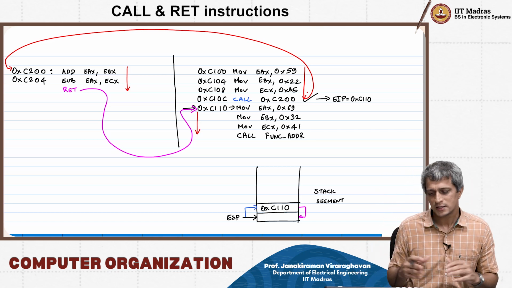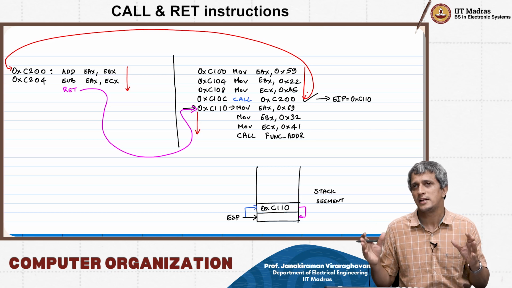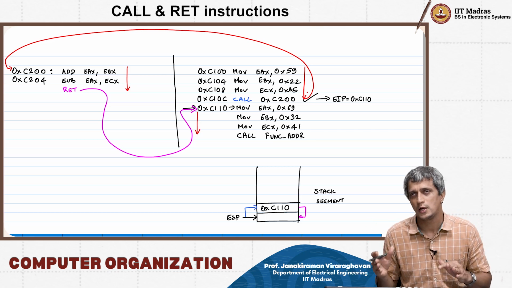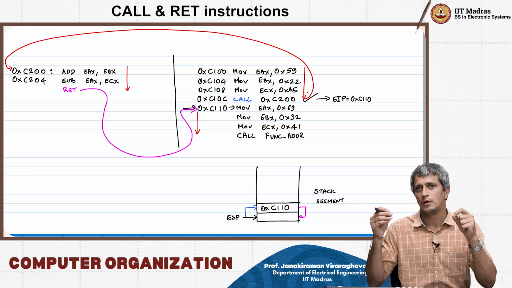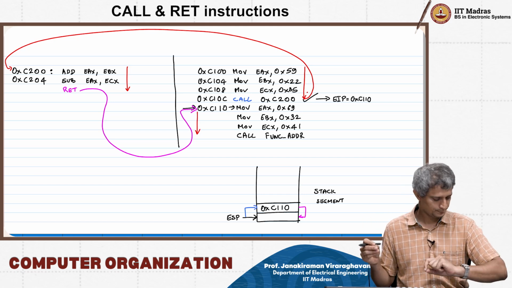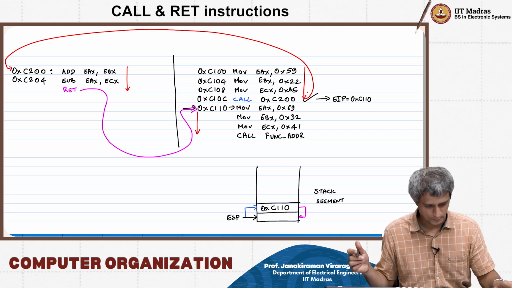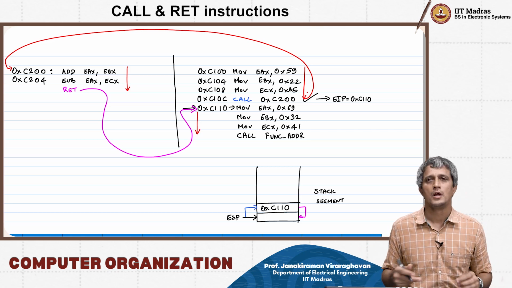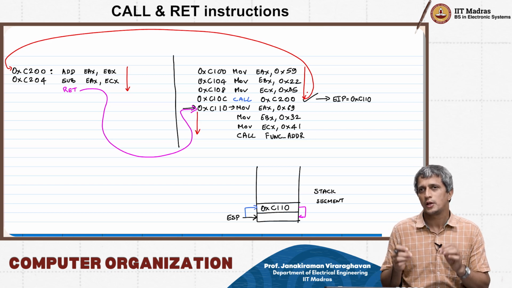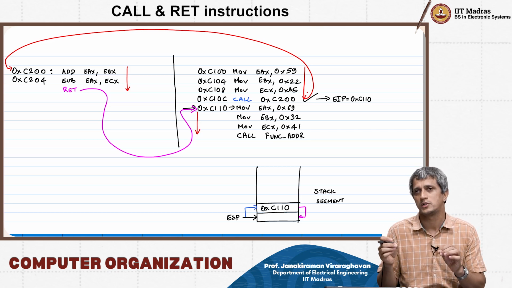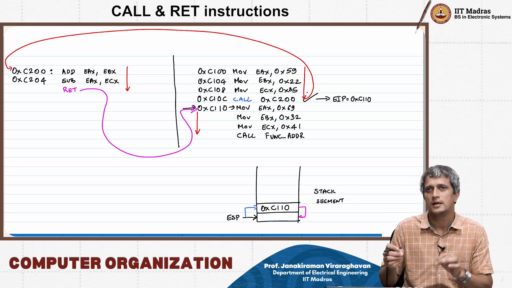So that is how the call and ret instructions are used to handle function calls, or subroutine calls, in assembly and in a C program as well.